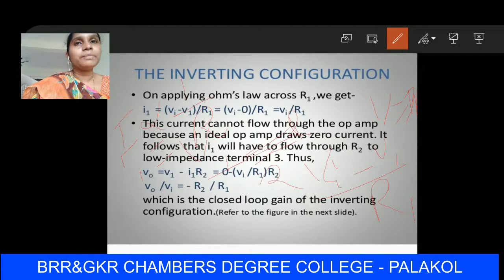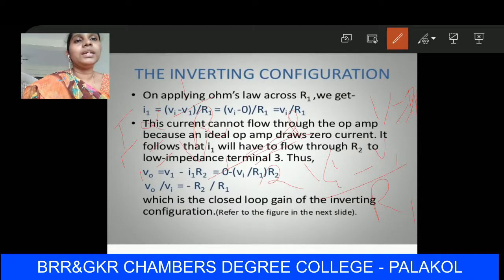So what is meant by virtual ground? When the open loop gain is very high and we apply the ground terminal to V2, meaning V2 is equal to 0, the other terminal voltage is also equal to 0. Therefore V1 is equal to V2 equal to 0. This concept is called the virtual ground concept.